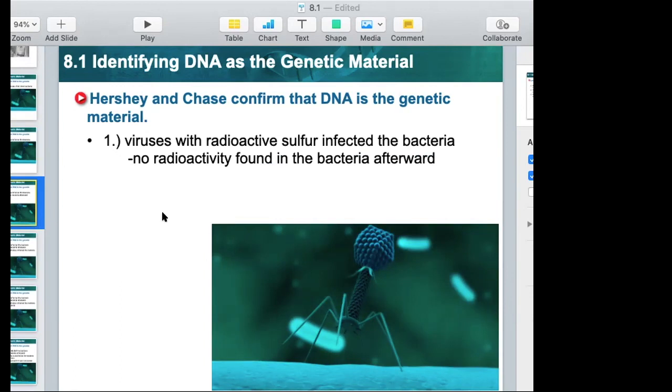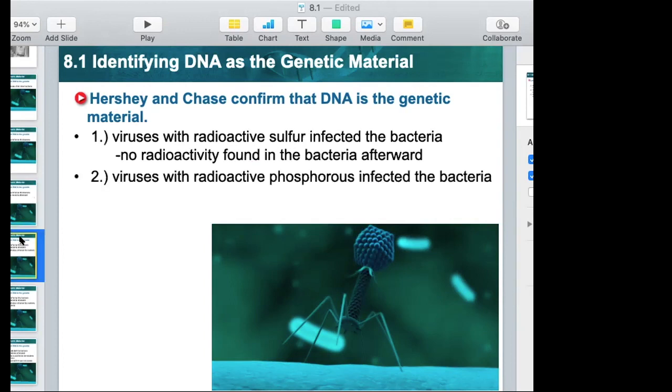And they had the virus then infect bacteria. Well, if the protein was being transferred from virus to bacteria, they should find that sulfur in the bacteria, and they didn't. So that confirmed that no protein was being transferred, that the bacteria were not picking up the protein from the virus. Then they used radioactive phosphorus.